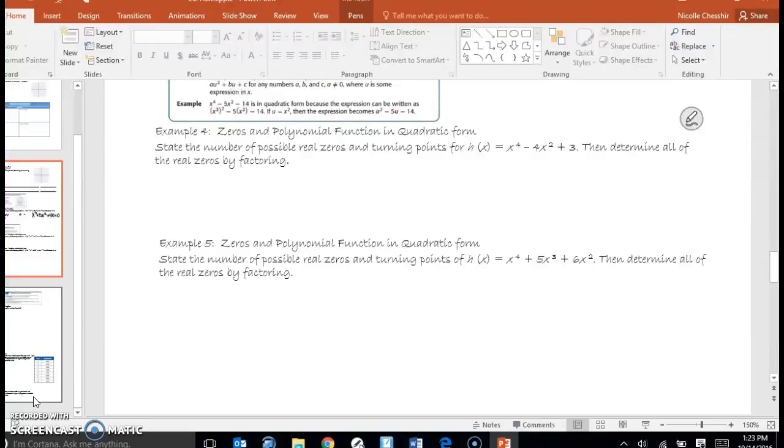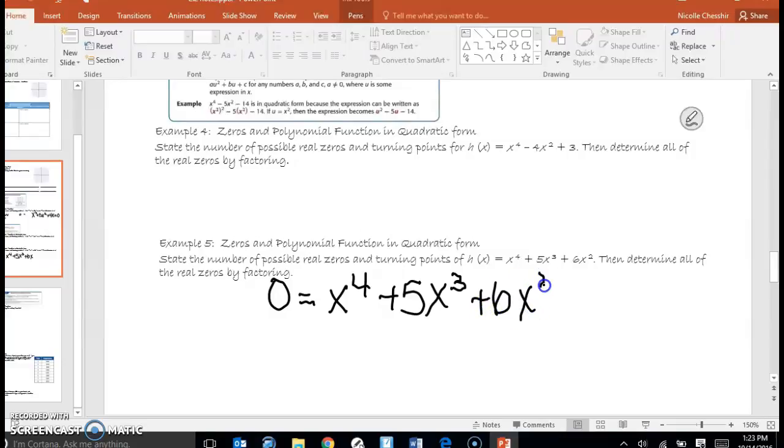What's the most zeros that we can have? 4, and how many turning points? 3. So we can take out x squared.